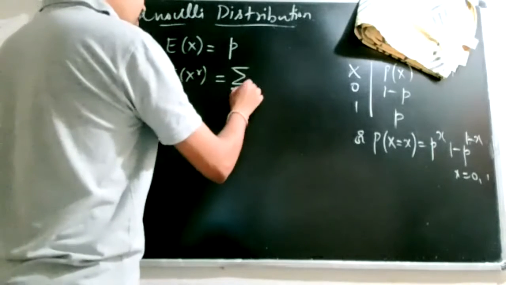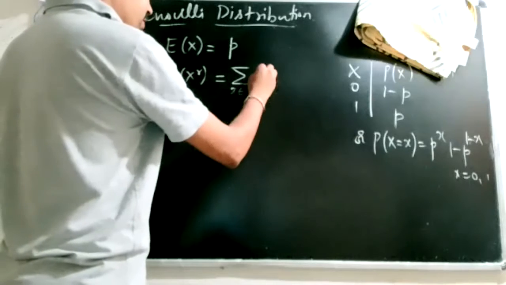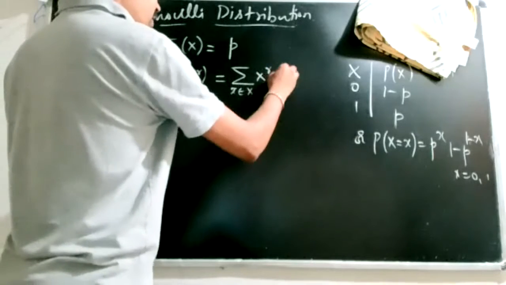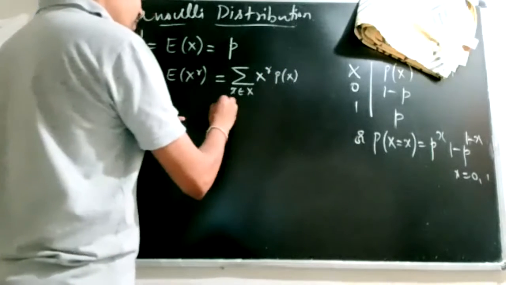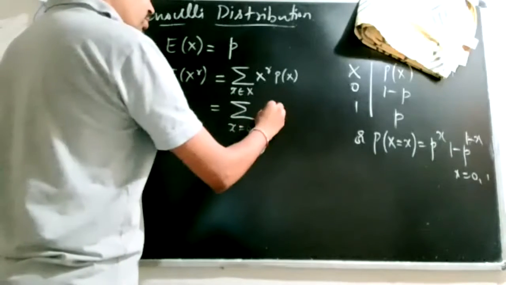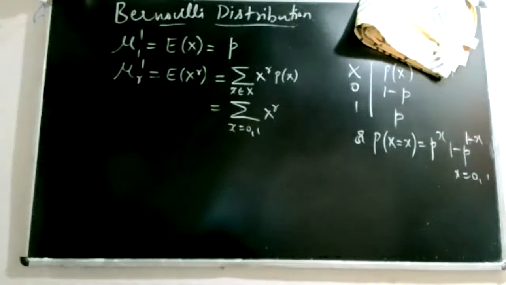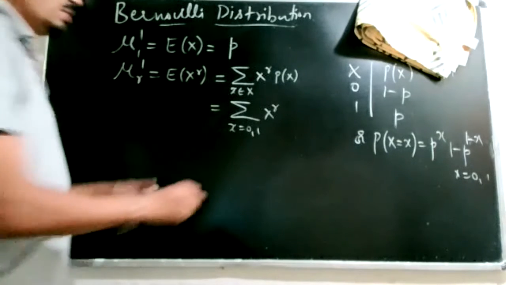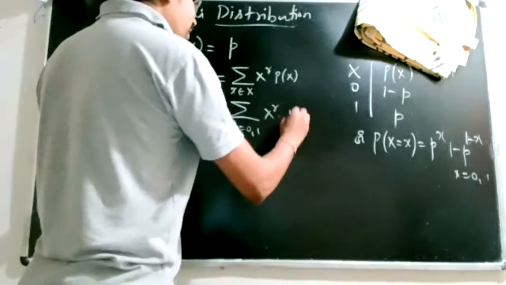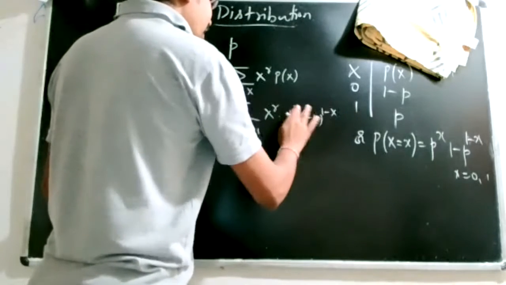So we'll prove that, so we can directly state mu2, mu3, and mu4 dash. This will be x to the power of r into probability. Now for this case, my x takes only the values 0 and 1. So this will be the summation over x equals 0 and 1 of x to the power of r into p to the power of x, 1 minus p to the power of 1 minus x.